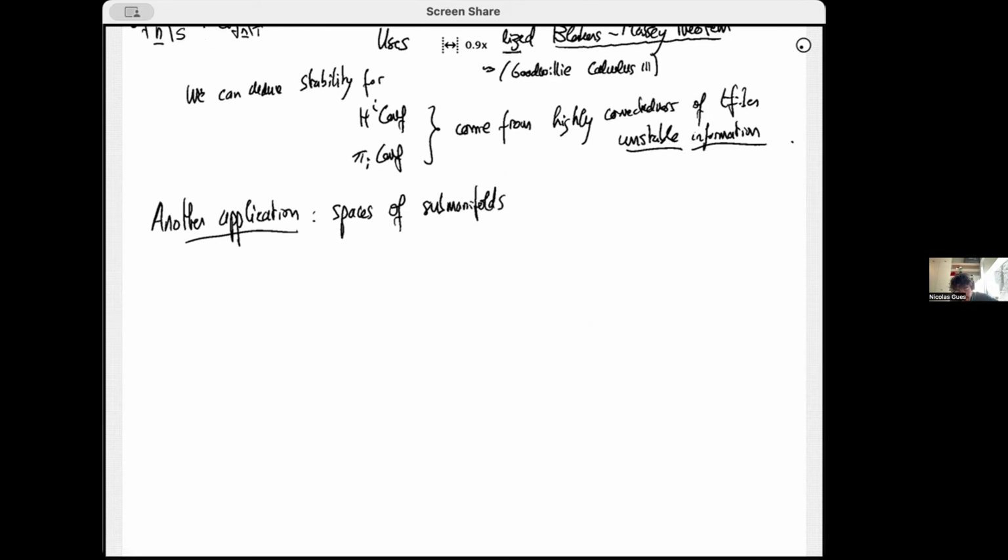So instead of configurations, for a finite set S, fix a manifold P, smooth, of dimension p, and M, a smooth manifold of dimension m, let's say this is closed, and this is arbitrary, so we can have boundary or not.